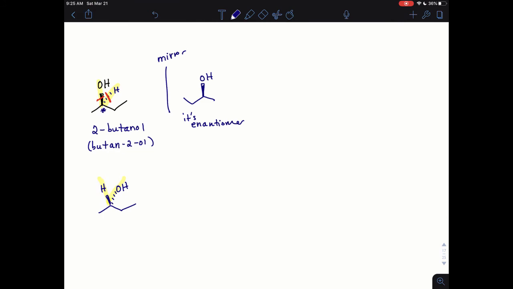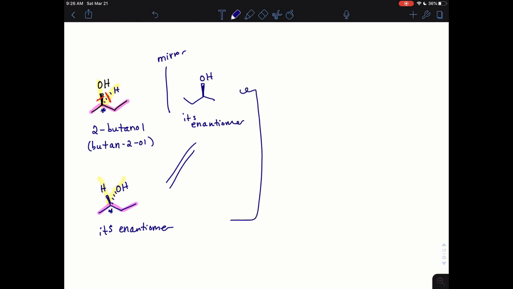So I've swapped these two groups, and two groups only on the stereogenic center. So look, the carbon chain is exactly the same, right? So now this is another way of drawing the enantiomer of that 2-butanol that I started out with, right?